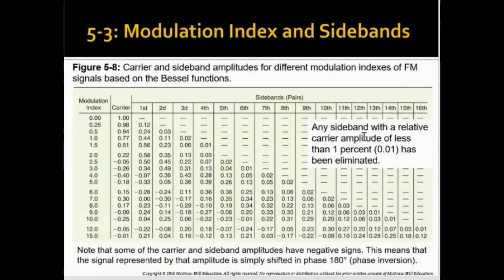Any sideband with a relative carrier amplitude of less than 1% has been eliminated. So when the value becomes very small, 1% relative to the carrier amplitude, they didn't show it. The reason is that when we talk about the bandwidth of your FM, the amplitude of the sidebands is important, meaning how much power is available in your sidebands.